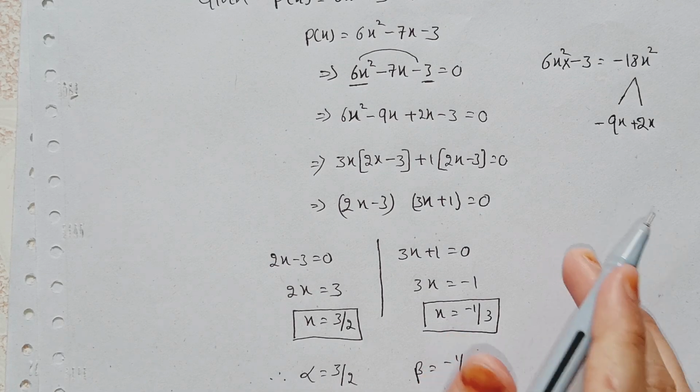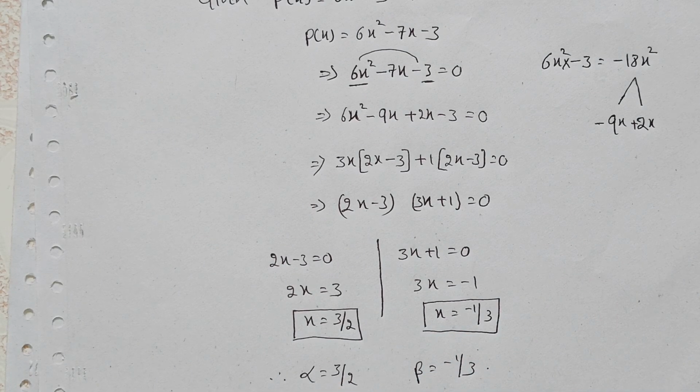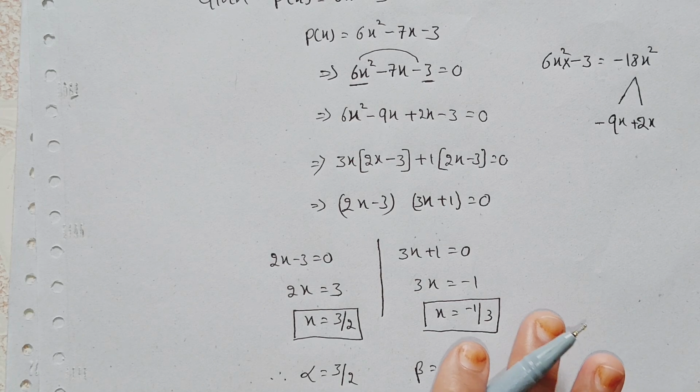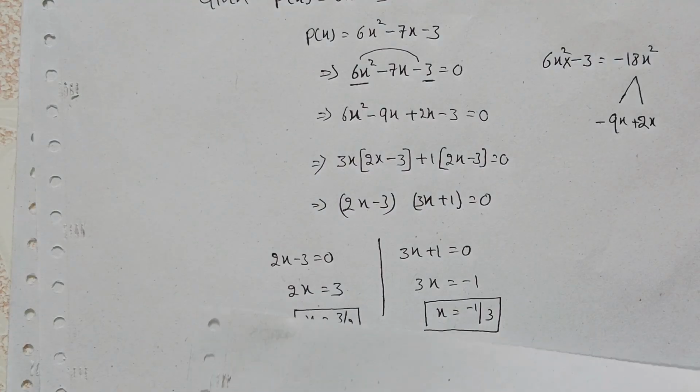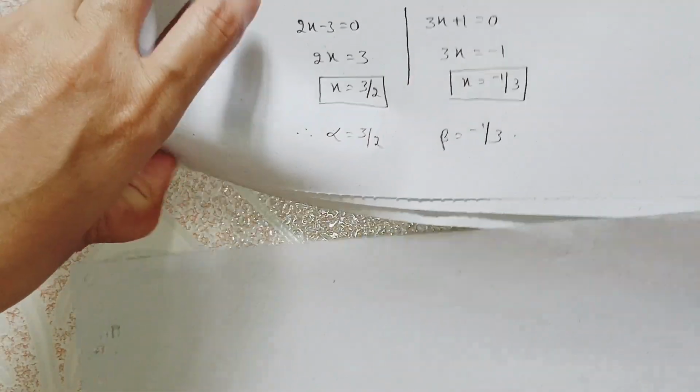Now what we have to do, we have to show the relationship between the zeros and the coefficients. For that we'll do this here.